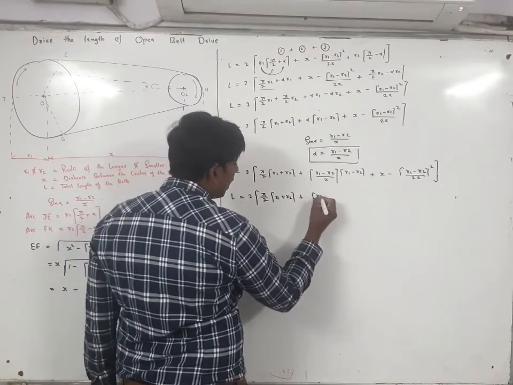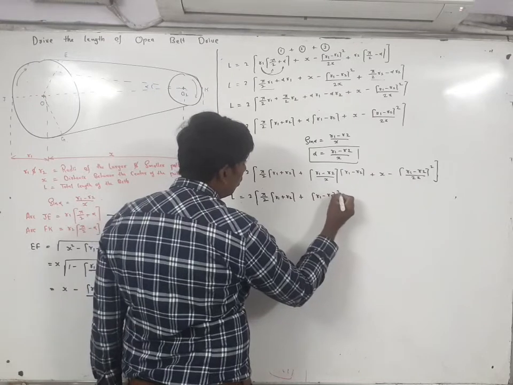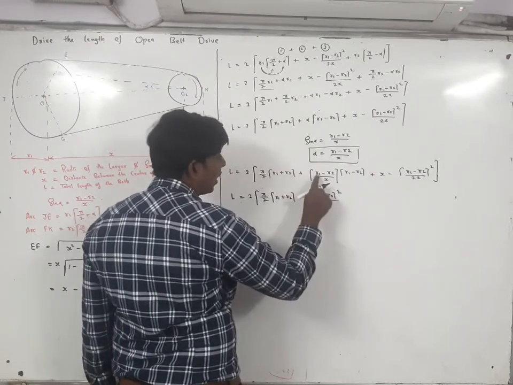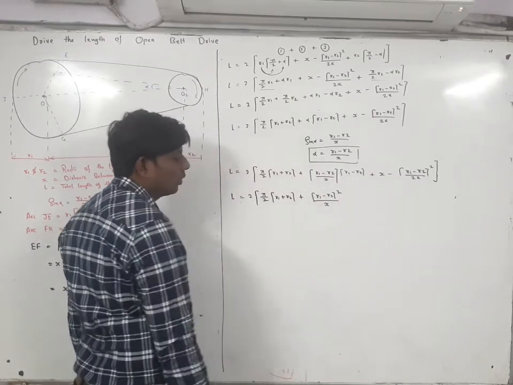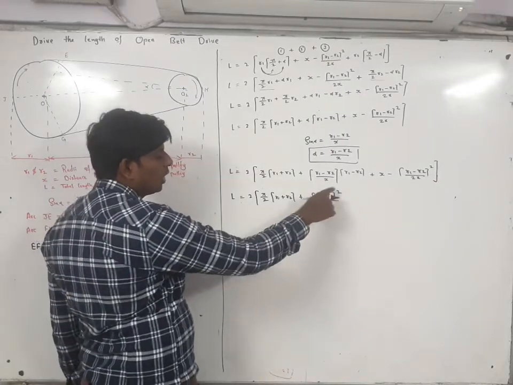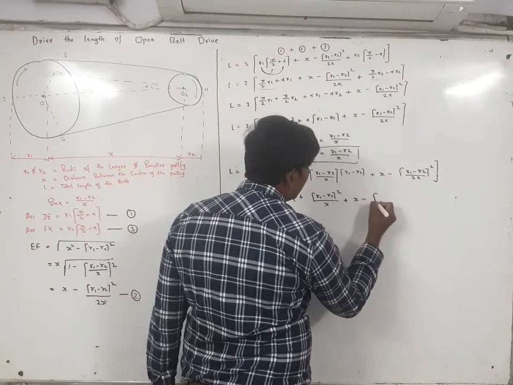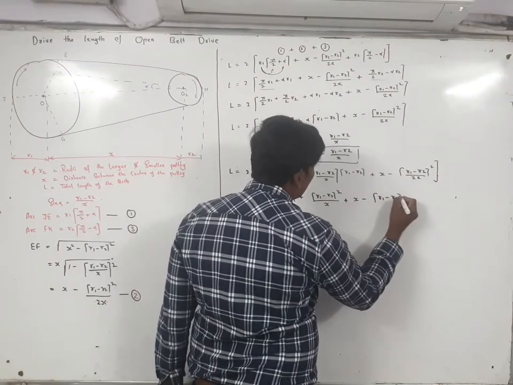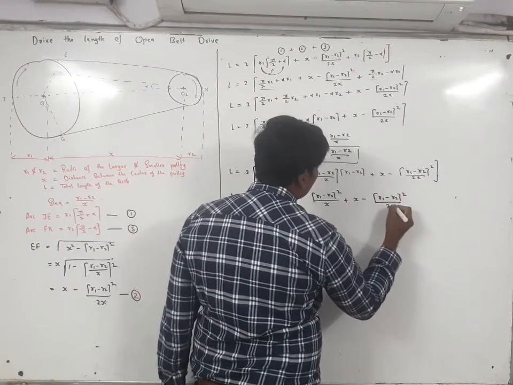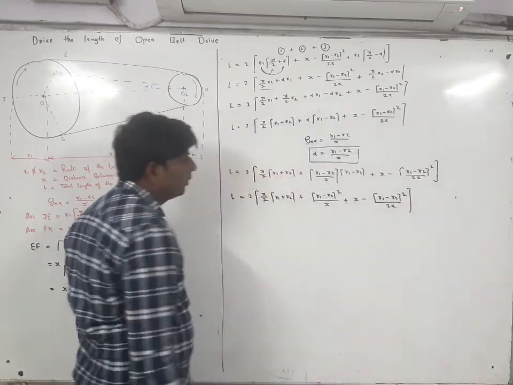Here you can write (R1 minus R2) whole square by x. Here R1 minus R2 and here also R1 minus R2. So (R1 minus R2) whole square by x, plus write down as it is x minus (R1 minus R2) whole square by 2x. This one is the 2x.